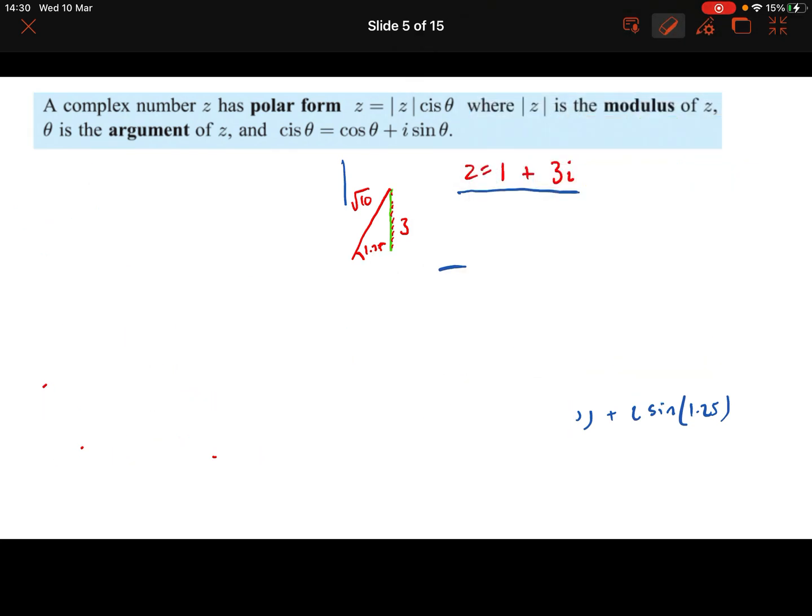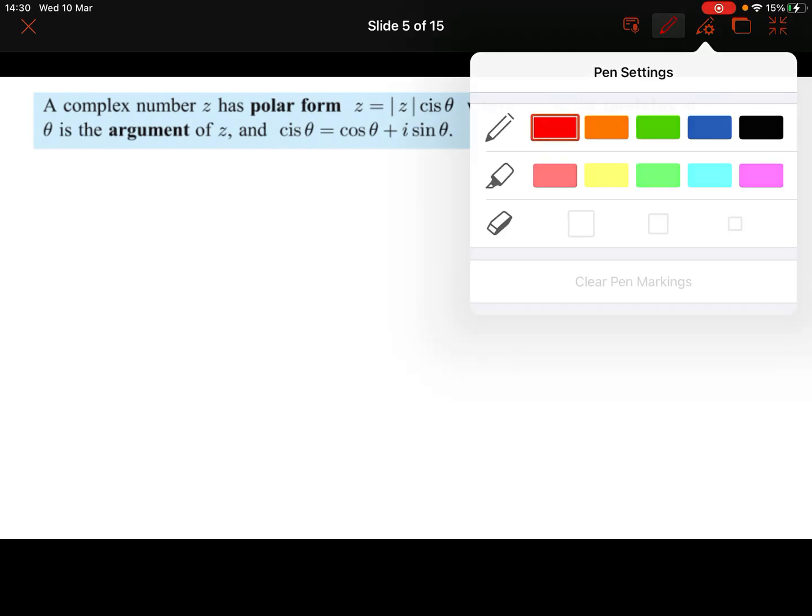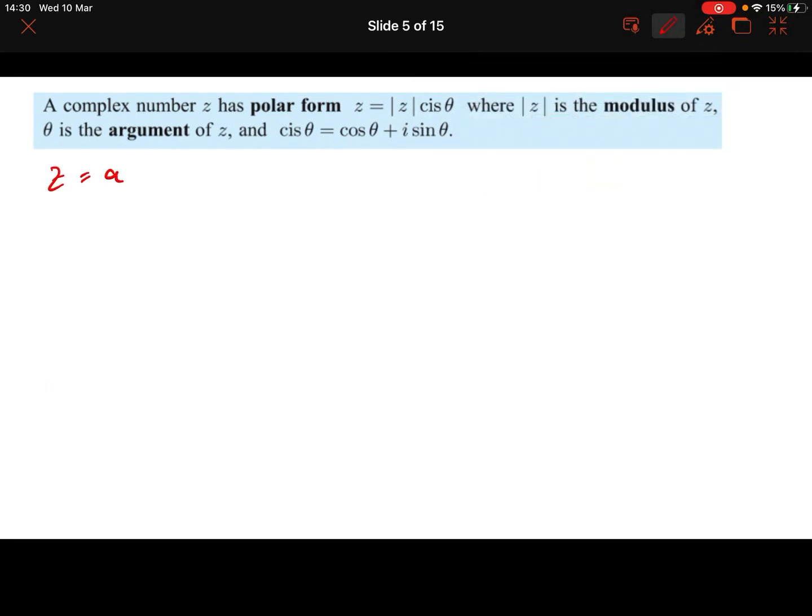Let's just get rid of all of this now. So we can say that any complex number, z equals a plus bi, can be written as z equals the modulus, which I'll call modulus of z, multiplied by cosine of your angle, your argument, plus i sine of your argument.